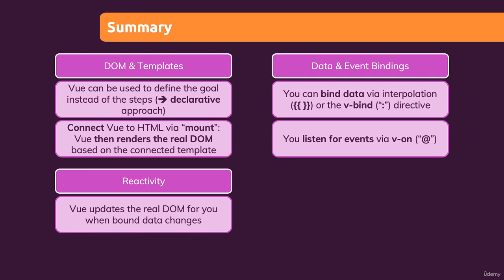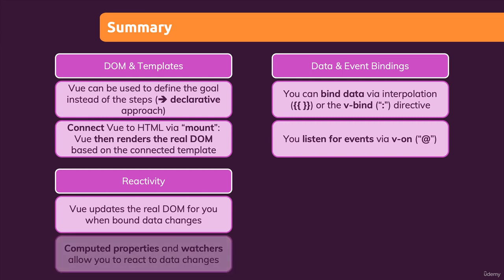And you learned that you can register data which might change in the data option of your Vue app, and that you can also work with computed properties and watchers to calculate results dynamically or to run some code whenever some data changes. And Vue watches the data for you, it automatically detects changes for you, and it will update the DOM and therefore what the user sees on the page whenever such changes are detected.